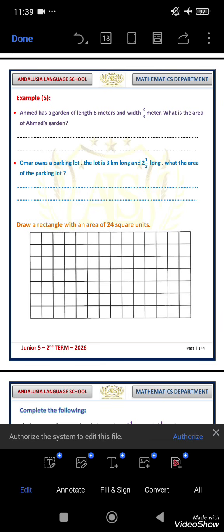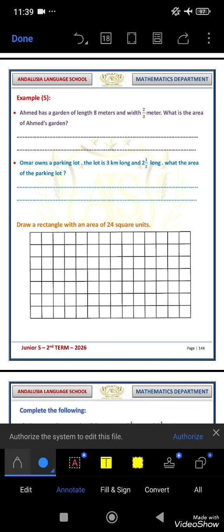Okay, page 144. Let's read the story and see what we will do. Ahmed has a garden of length 8 meters and width 2 over 3 meter. What is the area of Ahmed's garden? So he gave me length and width and asked me about the area. So I will write the rule.